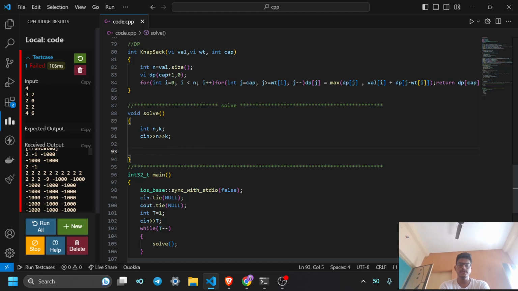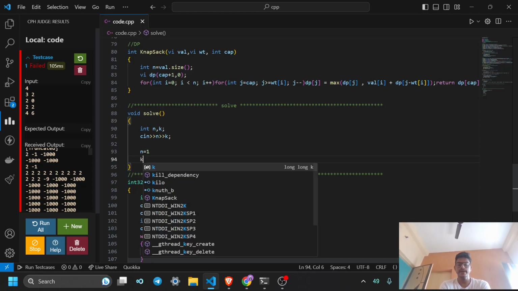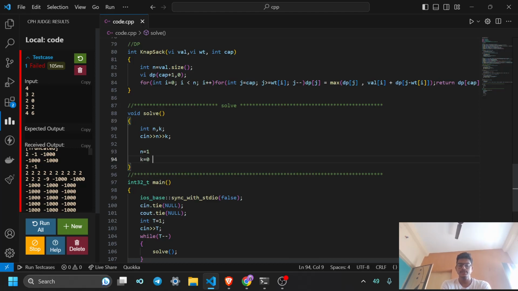So let's think about how we can solve that problem. Let's understand what happens when n equals 1. N equals 1 means I have only one element in my array. In this case, if k equals 0, then it is possible with only one negative number.